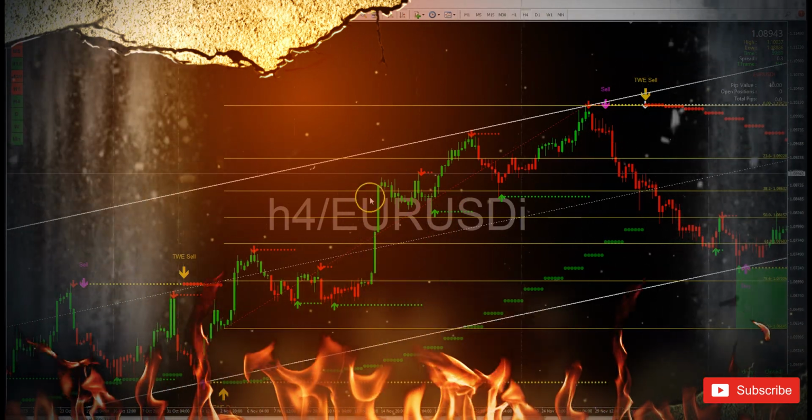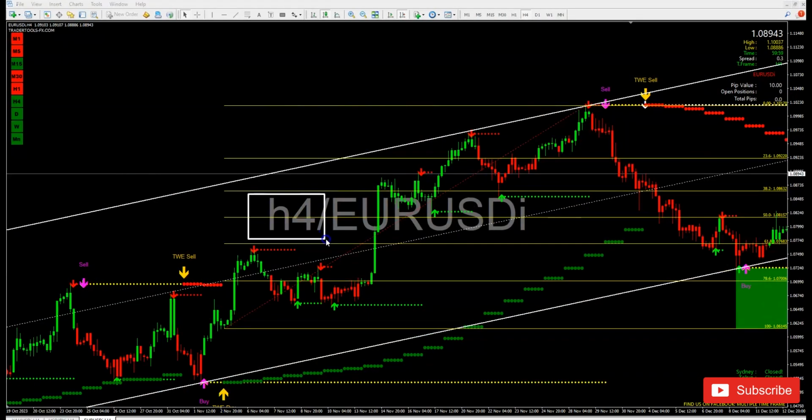We always come to the 4 hours. 4 hours is very important. So we come to the 4 hours, then we look into our dashboard. The dashboard will always give you the answers on the real trend of the market. If you pay attention here, the 4 hours and daily time frame are letting us know that Euro USD is going bullish. What is the next step that you need to do, guys?